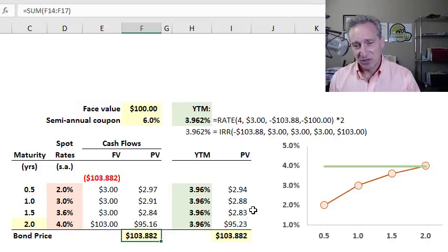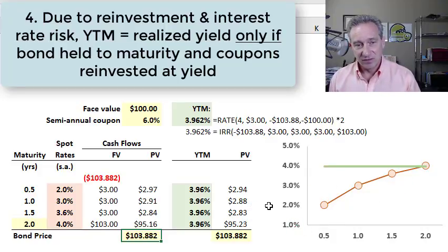And my final interpretation point is that, let's say we have this setup, the yield to maturity is 3.962, represented by a single line. And one of the questions is, does that mean this is the realized return on this bond if we bought this bond at this price? The answer is no, it does not.